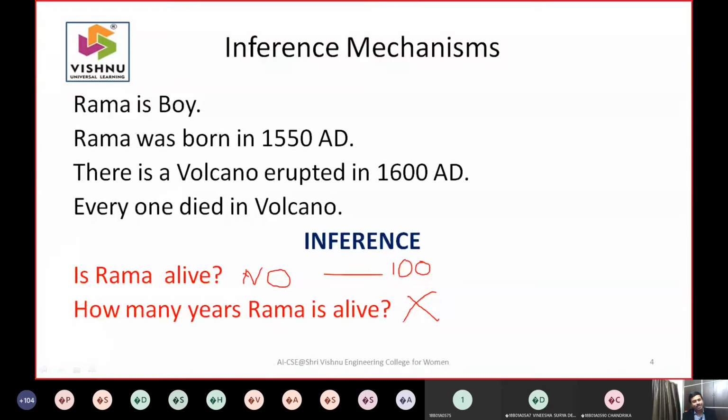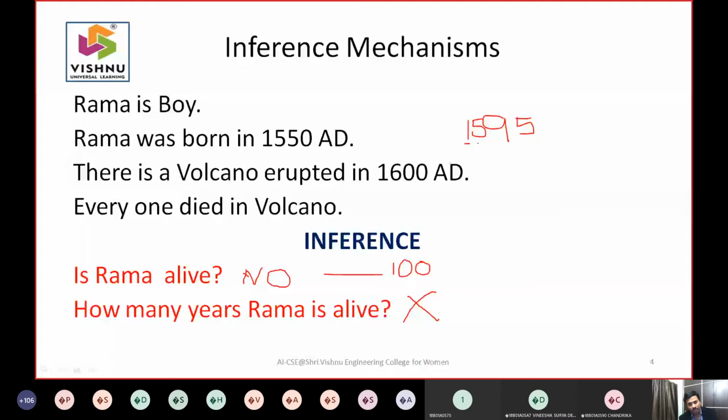If there is a statement like Rama celebrated his 45th birthday in 1595, then you can say at least 45 years Rama was alive. You can have a statement like that.